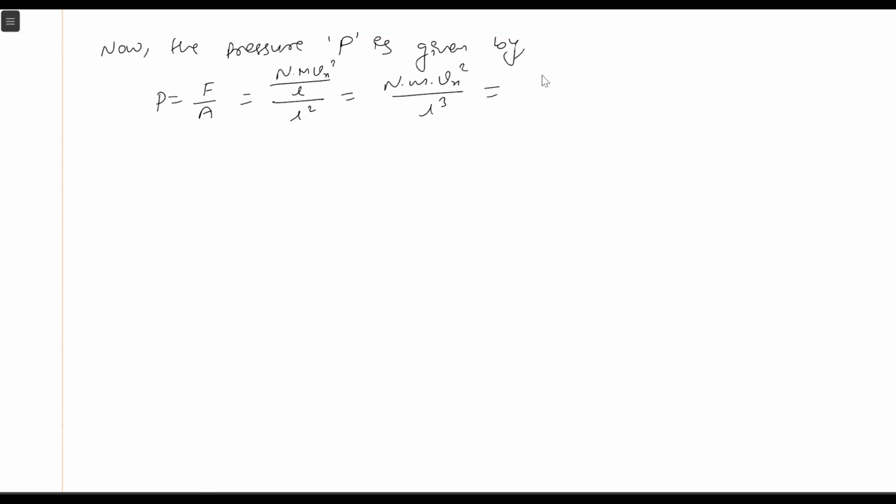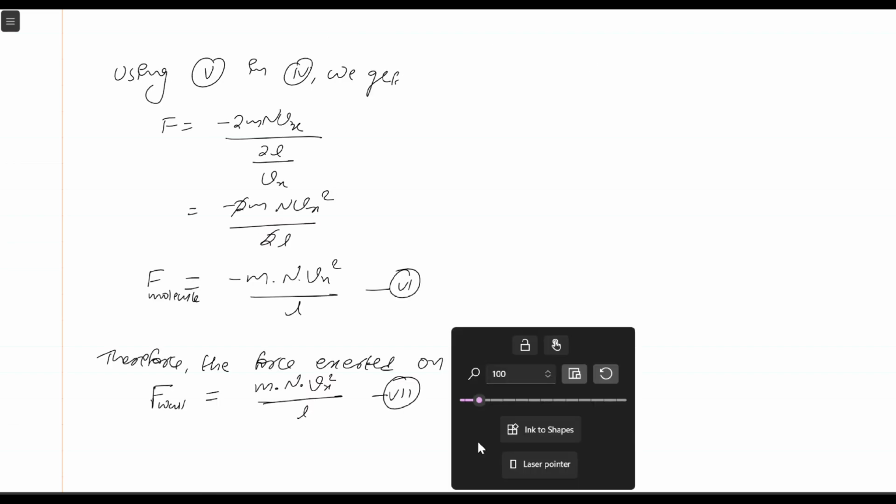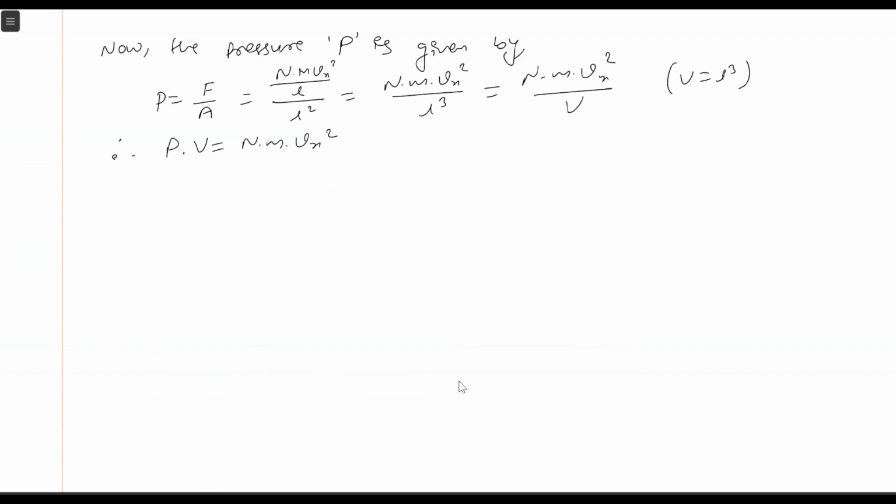And L cube, what is L cube? Volume of the container, right? Vx square by V, where this V is equal to L cube. So we get, if this V comes to left side, PV is equal to N into M into Vx square. This is equation number 8.